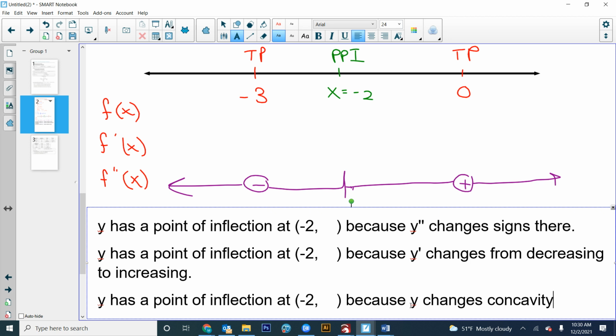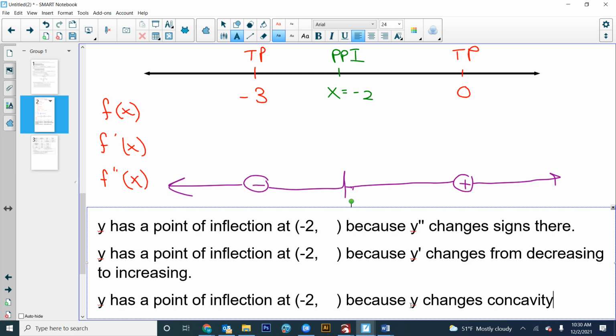But do you see how when we say y changes concavity, we are using the second derivative in our words? Do you understand the difference there? Now, you could argue when you say increasing, you're using the derivative, saying the derivative is positive. I think that's a little bit more of a stretch because you knew whether a function was increasing or decreasing back in Algebra 1. Concavity is a calculus term we just learned.